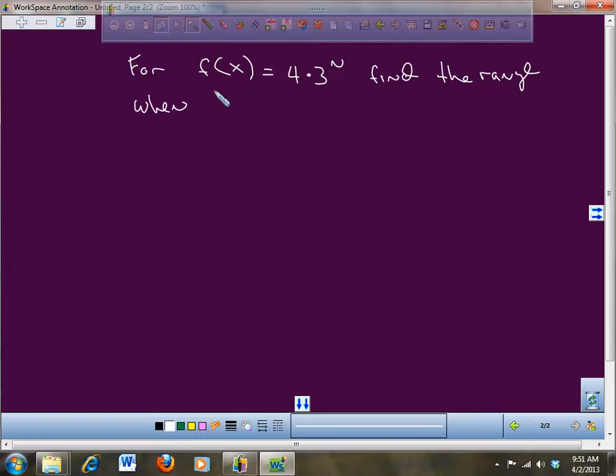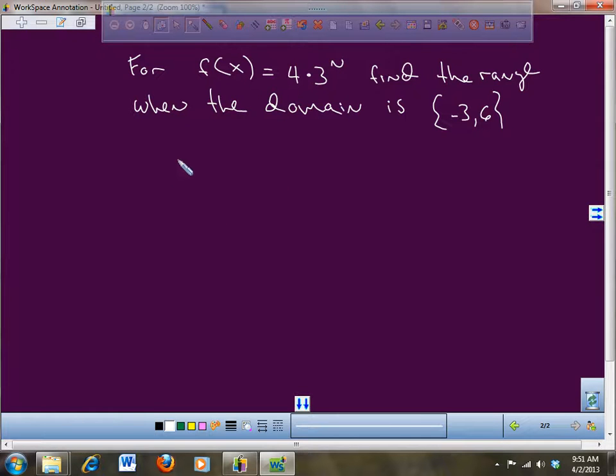When the domain is negative 3 and 6. In other words, what they want you to do is find the y values when the x values are negative 3 and 6. And so all you're doing is plugging in here. But you've got to be a little bit careful.